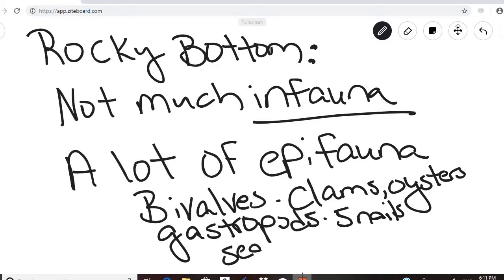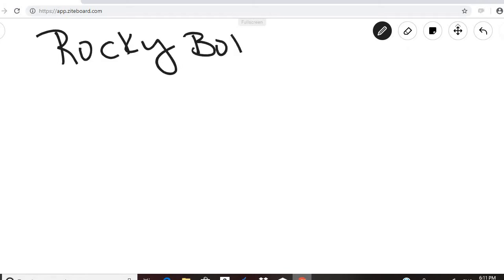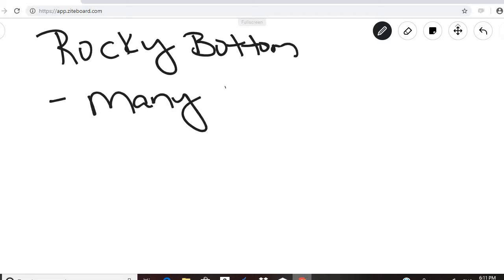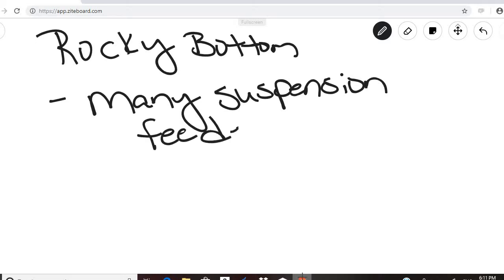Again, sea urchins. Sea urchins tend to live in a variety of places, but most of the organisms that live here are going to be suspension feeders. So we're still talking about the rocky bottom. There are many suspension feeders, those that are able to filter out the food from the water.